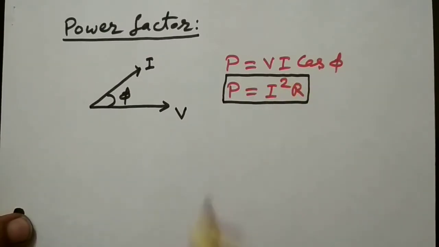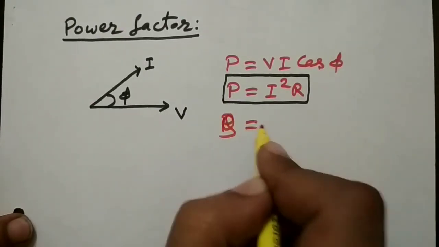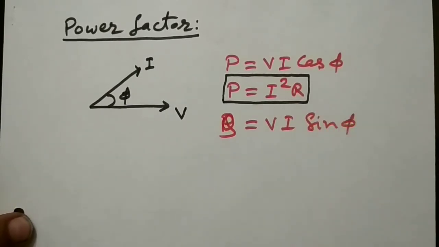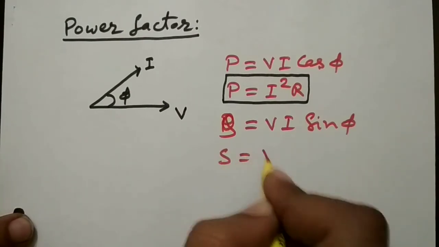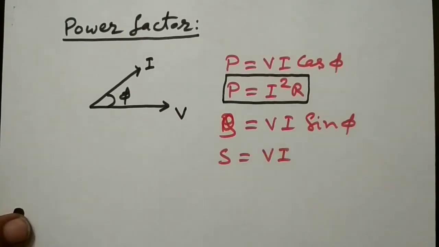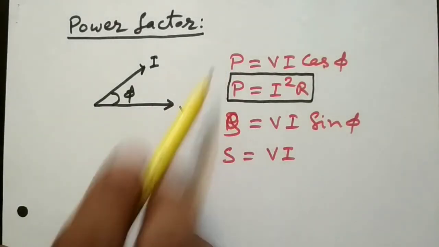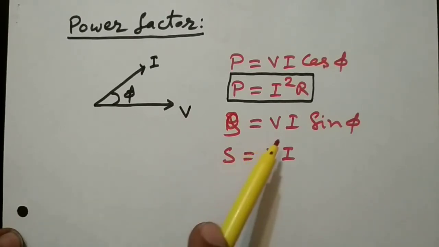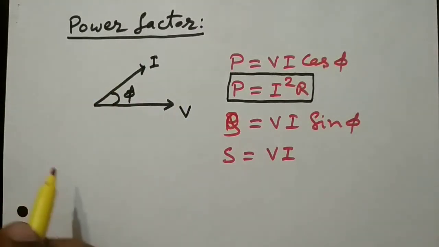The next is the reactive power. Q is equal to VI sin phi, and the apparent power is V into I. From these powers, P and S, we can see that if we multiply the cos phi value with the apparent power, then we will get the active power.